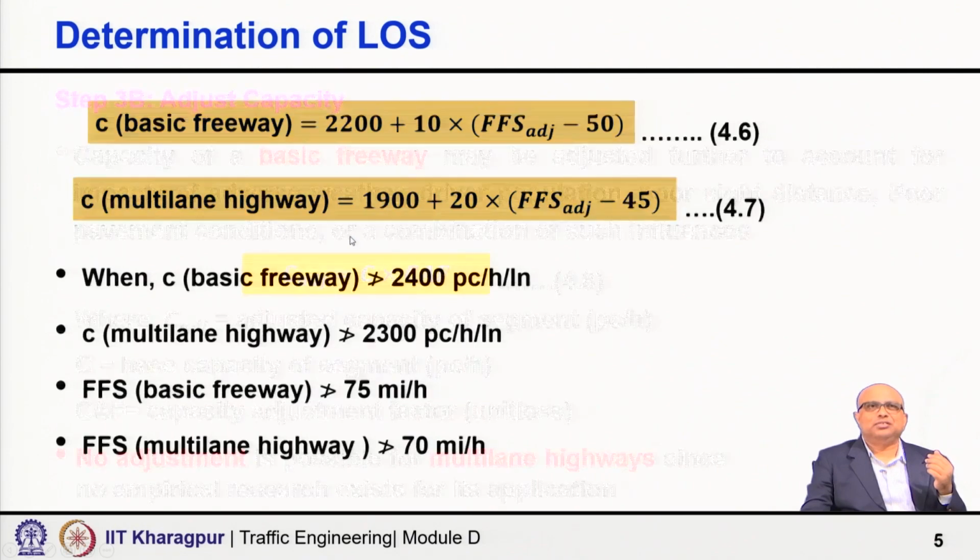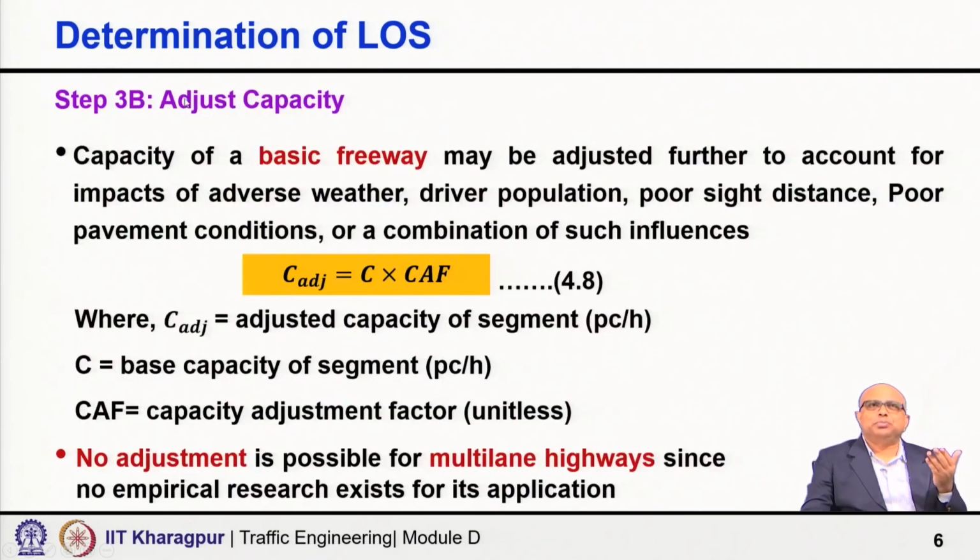Then next step 3B, we have to do further adjustment of capacity, and these adjustments are to suit the local or prevailing condition, because capacity of a basic freeway needs to be adjusted further to account for the impact of several factors.